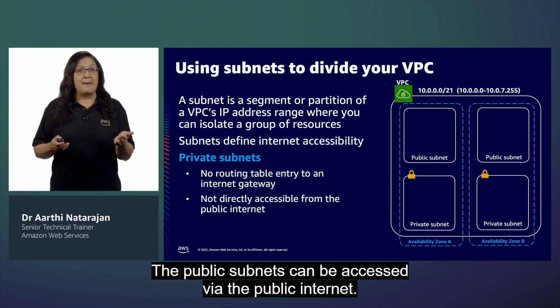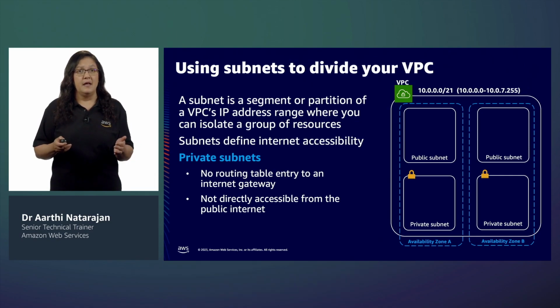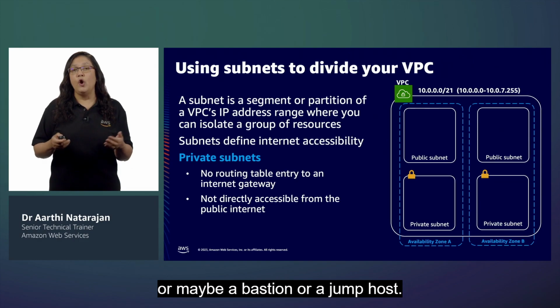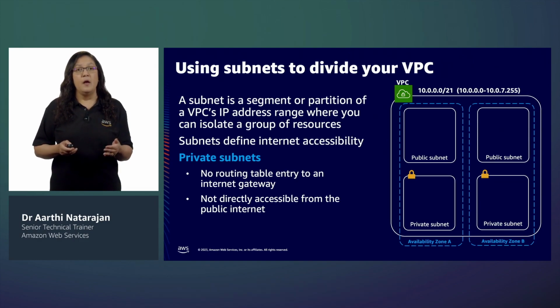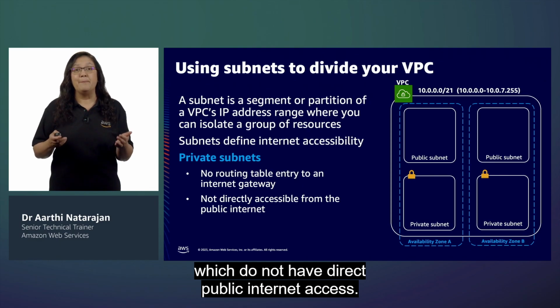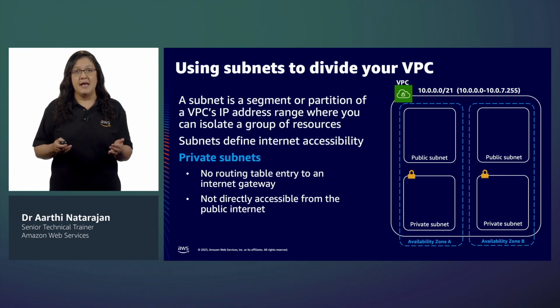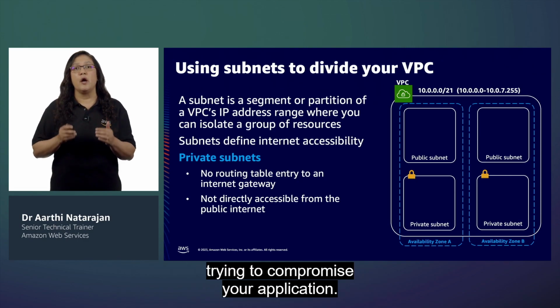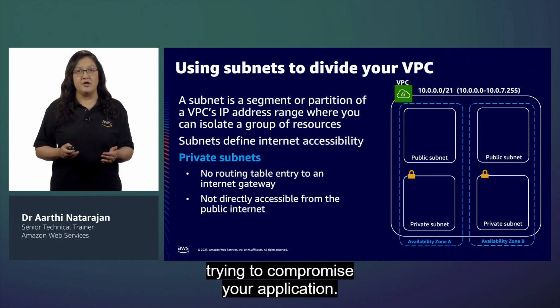The public subnets can be accessed via the public internet. Now, you might just want to have a public-facing web application here, or maybe a Bastion or a jump host. We also have private subnets which do not have direct public internet access. This means they are protected from bad actors on the internet trying to compromise your application.